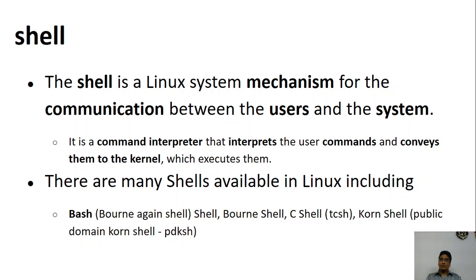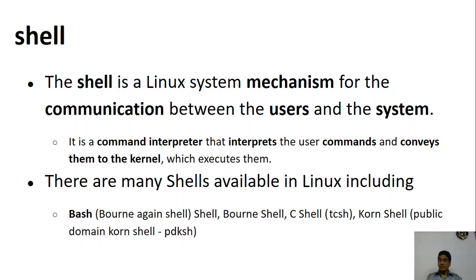Now, as you are familiar, we can interact with the operating system using a user interface. One of the user interfaces that Linux provides to us is the shell. So using the shell we can communicate. The shell acts as a mechanism for communicating with the Linux system.